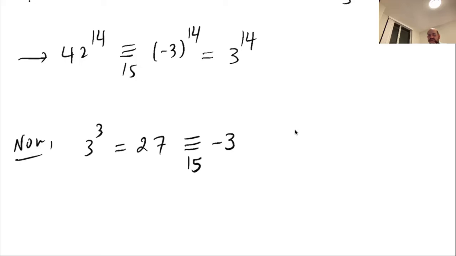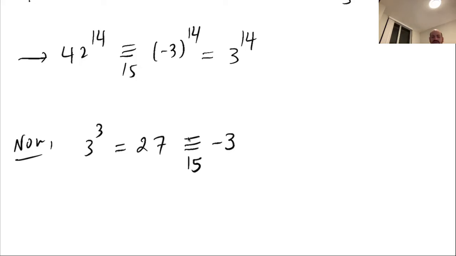So 3 to power 3 is 27, which is big, but can be replaced with minus 3 mod 15. Why? Because 27 and minus 3, their difference is 30, which is divisible by 15. So 27 and minus 3 are congruent.